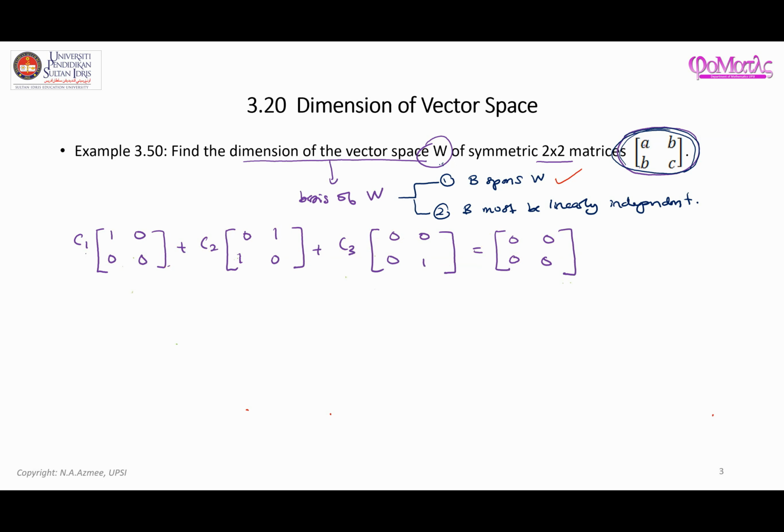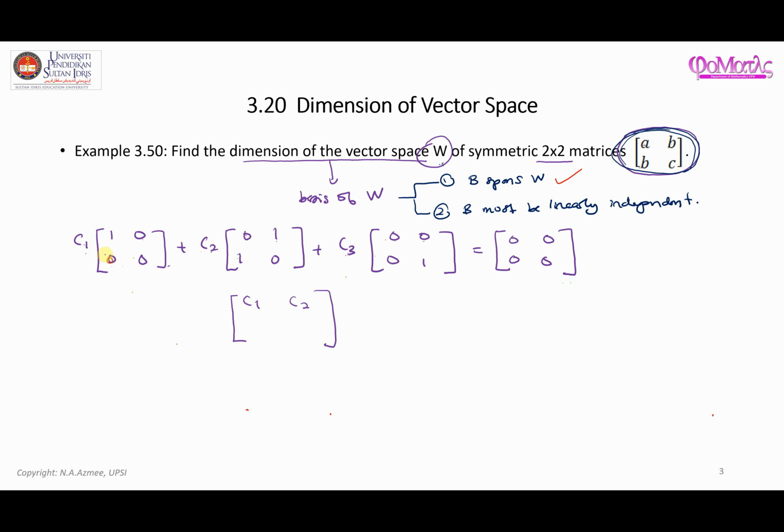Okay, now based on that, I can continue and come up with this solution here. So C1 plus 0 plus this one times 0 is 0. So the result here is C1. Now C1 times 0 is 0. C2 times 1 is C2. C3 and 0 is 0. So the result here is going to be C2.